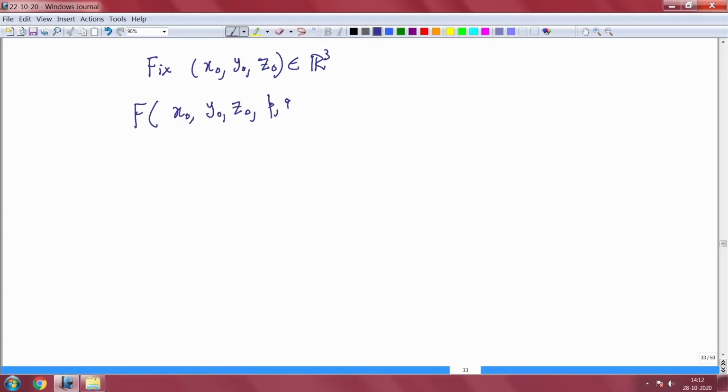Think of it as a function of these two variables p and q. So, this is one equation in two variables p and q.